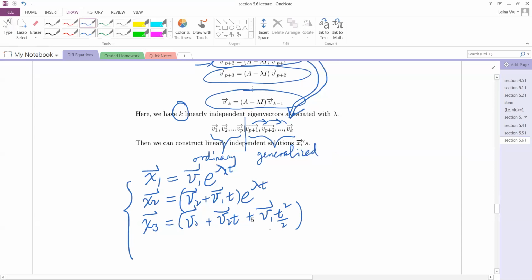This is a little bit of an outlier, but the general pattern is that your new eigenvector gets added, and then you increase the power of t, and then keep going.